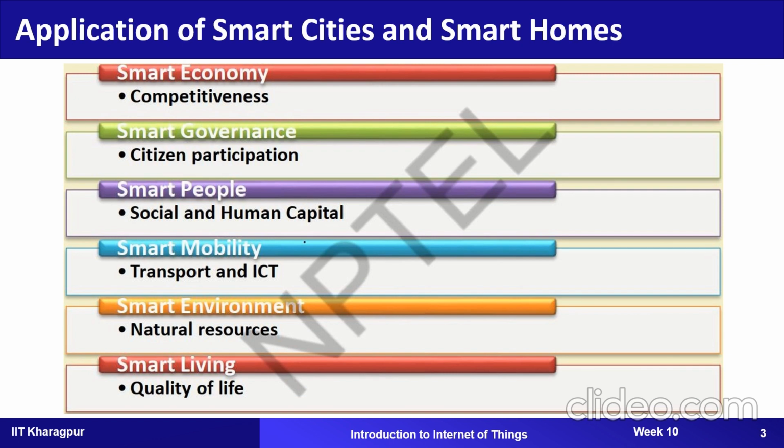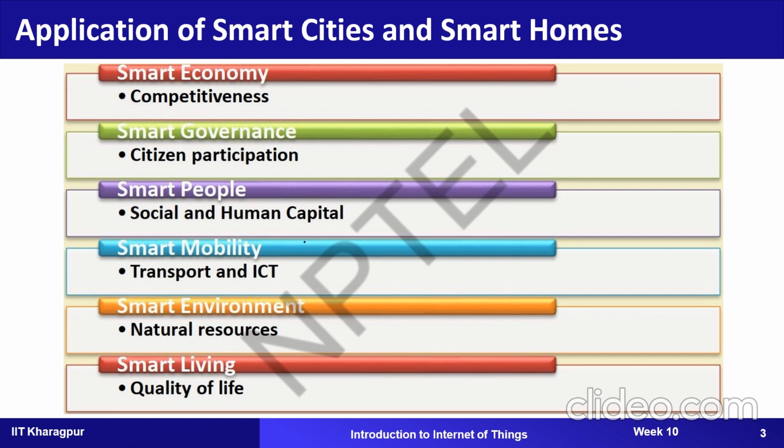Now the applications of smart cities and smart homes. The first one is smart economy. With the change in time, or the evolution in technology, there is a need for a smart economy. There should be development in technologies and advancement in entrepreneurship.